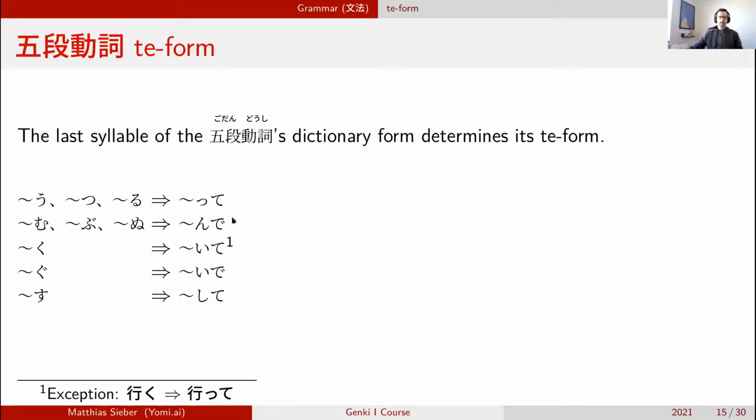The last syllable gets replaced with a small tsu and te. So kau becomes katte. Au, to meet someone, becomes atte. Or let's say we had motsu, to carry. Motsu becomes motte. Matsu, to wait, becomes matte. And then kaeru, as in kaerimas, to return, which is not an ichidan doshi, so a godan doshi that also ends on u. So kaeru becomes kaette.